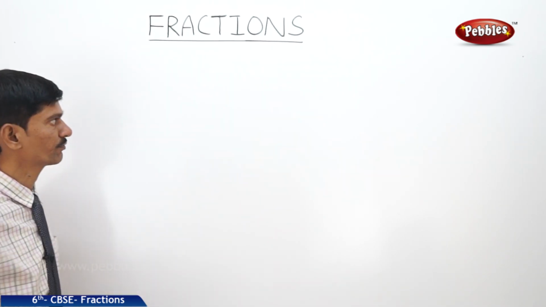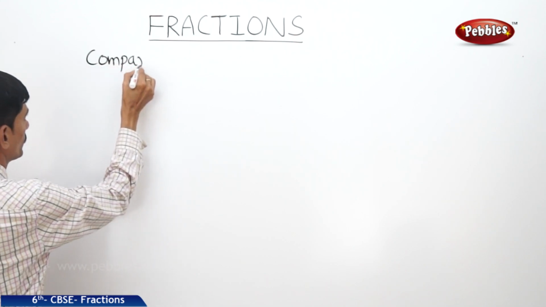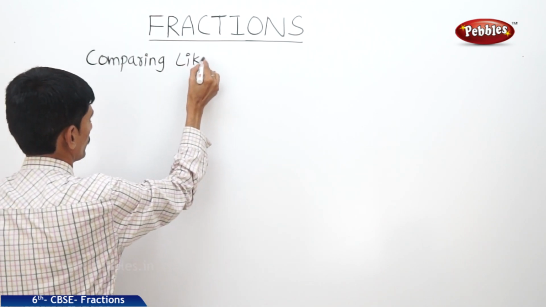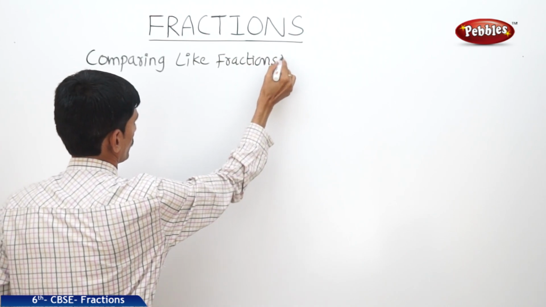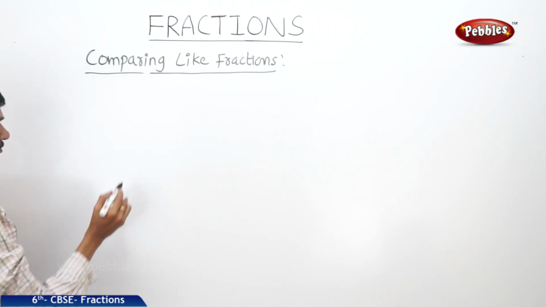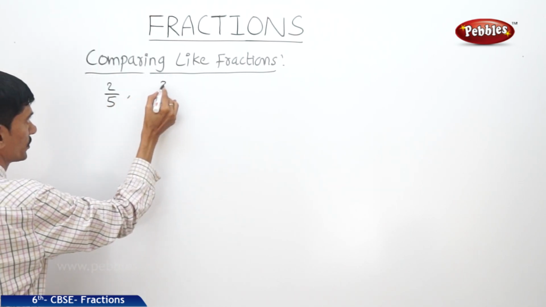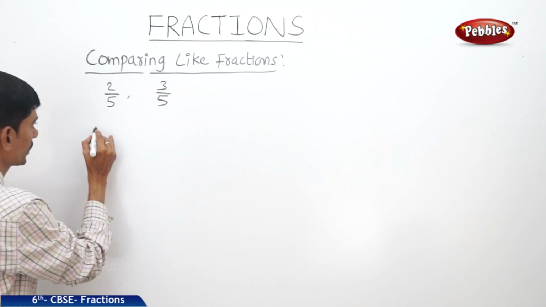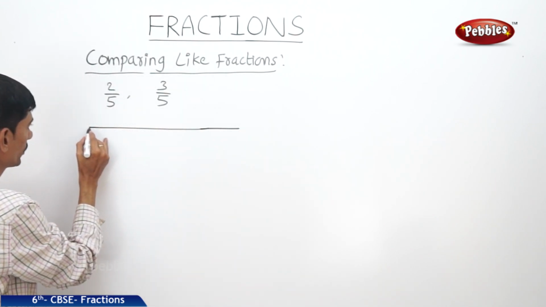Now comparing like fractions. Now let us take the two like fractions, 2 by 5 and 3 by 5. So let us take two rectangles which are divided into 5 equal parts.